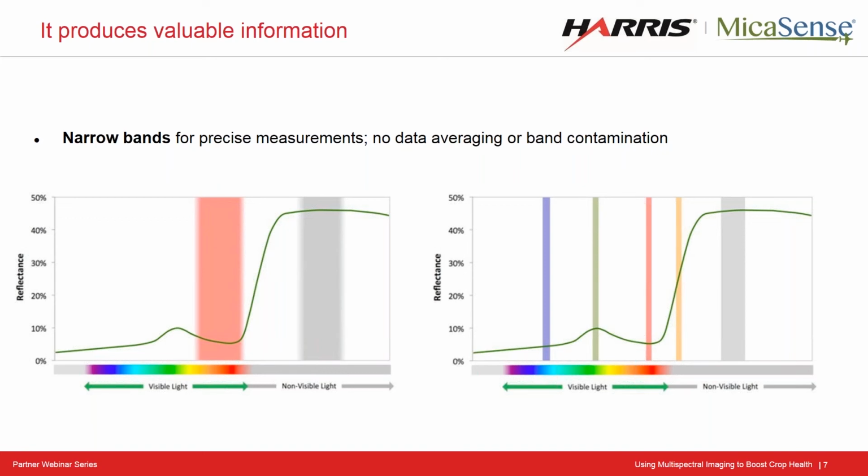Sometimes they can be anywhere from 50 to 150 nanometers wide. And the important thing to note about that is that you're not just capturing data at red, you're capturing reflectance data at other portions of the light spectrum that might not be critical for determining variability in that plant's health. So that's really the benefit of the narrow spectral bands: precise data at the correct positioning.